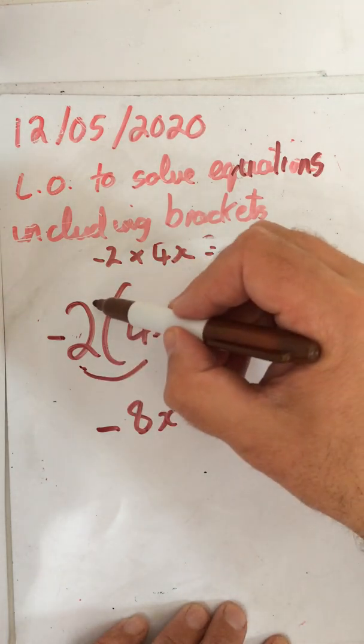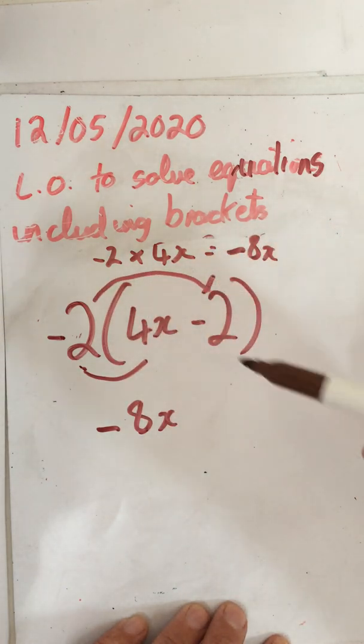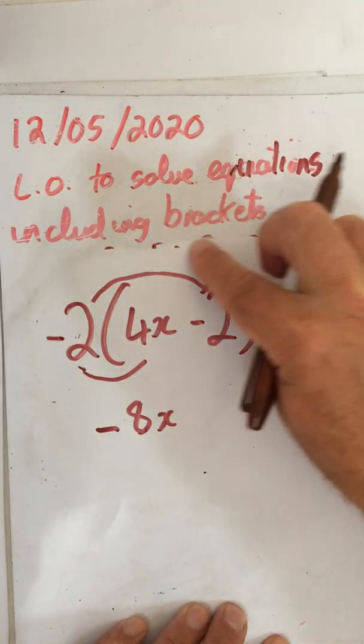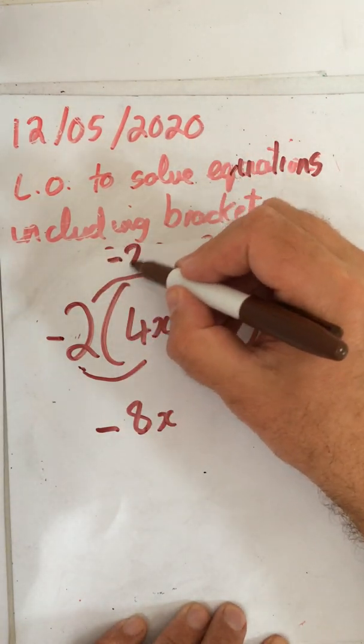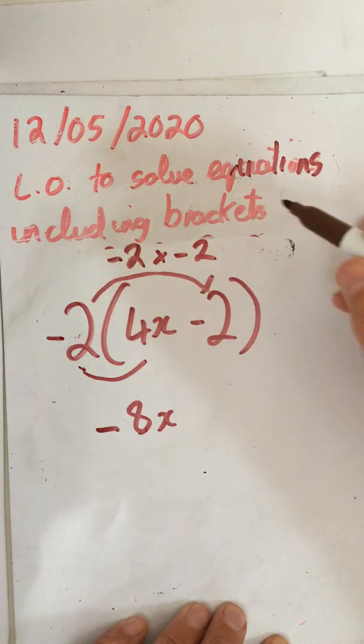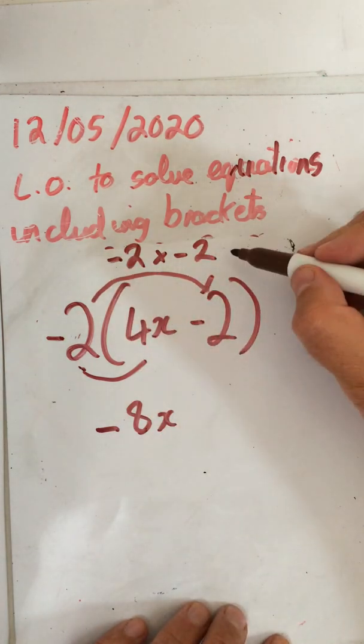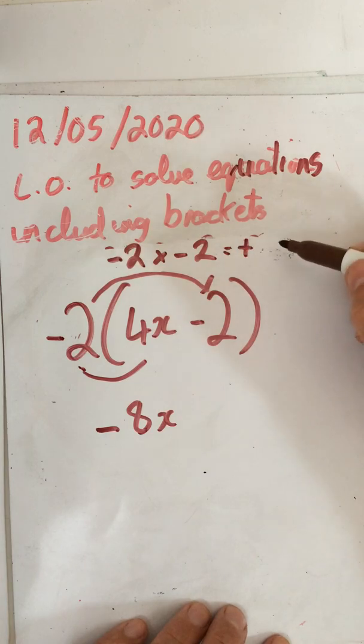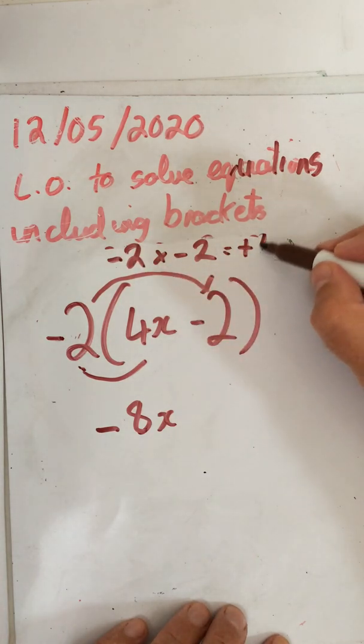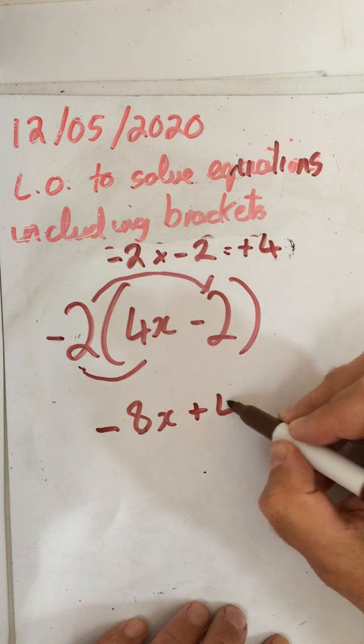Then when we do the second part, we've got the minus 2 times minus 2. Remember, a negative multiplied by a negative will give us a positive number. So 2 times 2 is 4, so it's a positive 4.